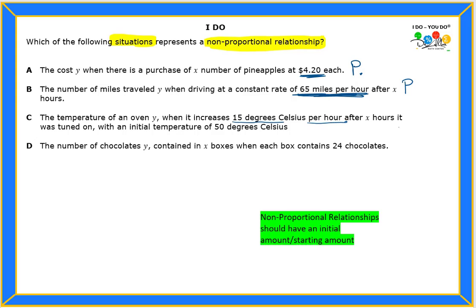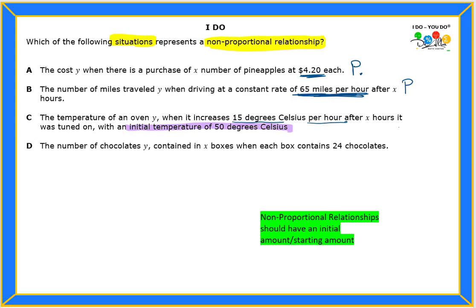Do you see anything else that could be a starting amount or initial amount? Yes, right. It says right here, with an initial temperature of 50 degrees Celsius. So somehow the oven already had that much temperature, and then after that it was going to start increasing 15 degrees per hour. So those 50 degrees Celsius is what we consider the initial amount.